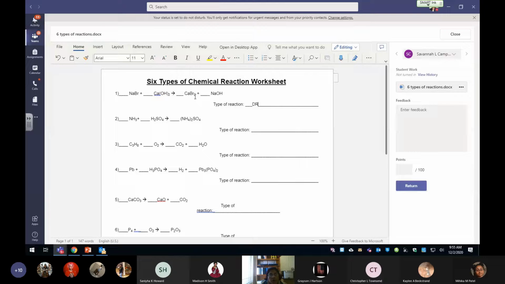Now how to balance it? Here on the product side, you have 2 Br, but on the reactant side, you just have 1. So put 2 in front of NaBr. And because Na has become 2, you put 2 in front of NaOH, and there it is balanced. Now check. 1 Ca, 1 Ca, 2 Na, 2 Na, 2 Br on the reactant side, 2 Br on the product side.